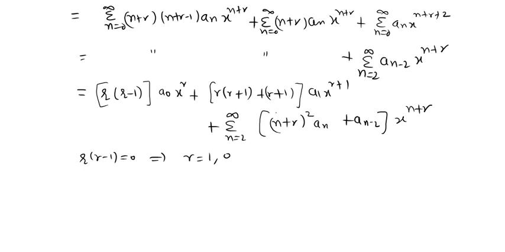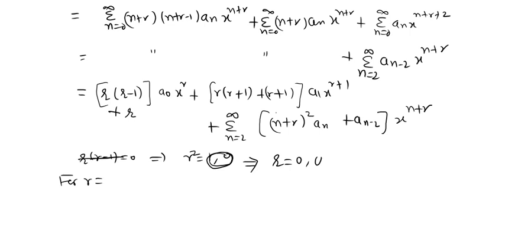We have skipped the second term here, so r minus 1 from first, but the second also gives you, for n equal to 0, r. So you have just r square equal to 0. So I made a little mistake. So r equal to 0 and 0. So both roots are equal, so we will get only one solution.